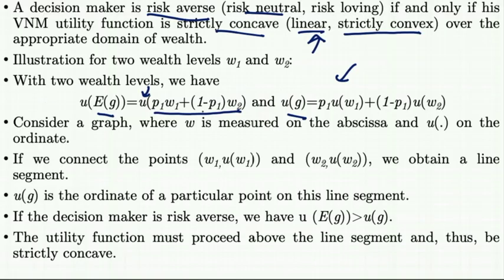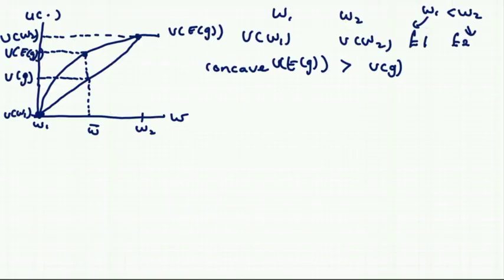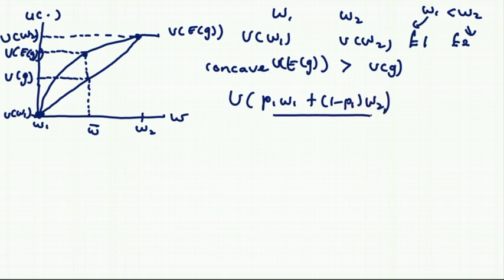UEG is given by this: U of P1W1 plus 1 minus P1 W2, the utility of the expected wealth here, is actually bigger than UG.